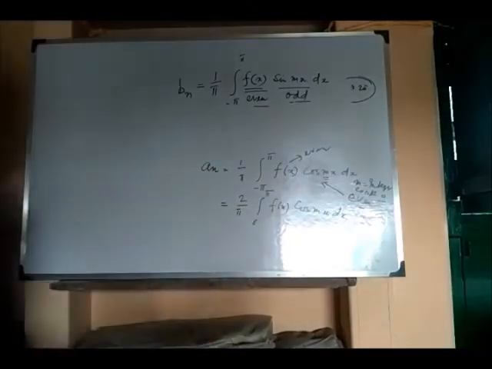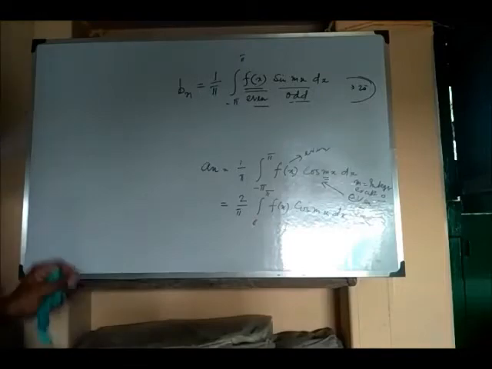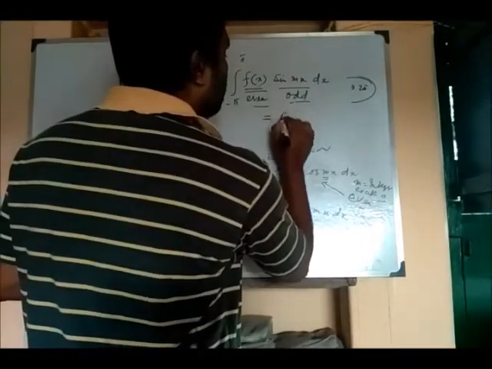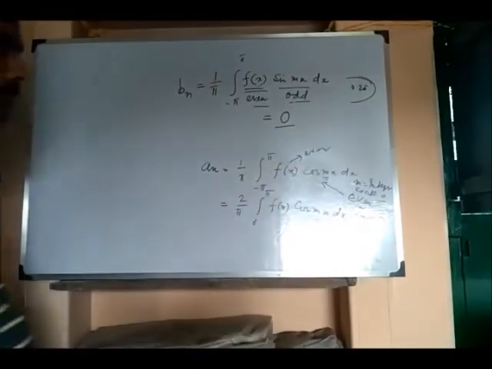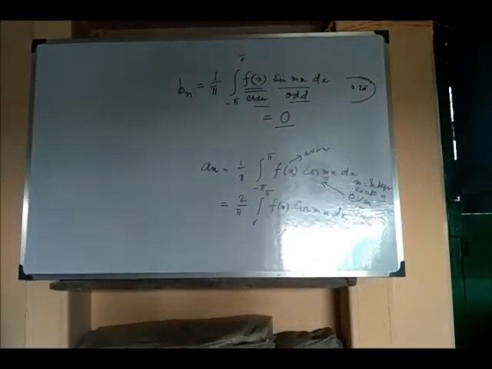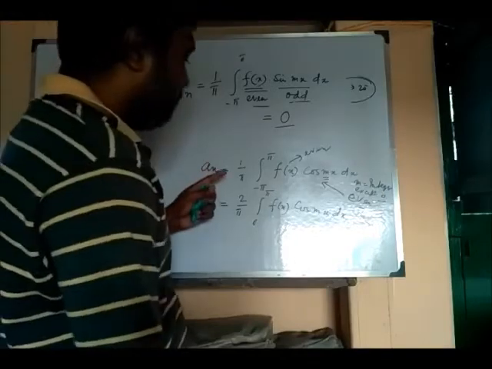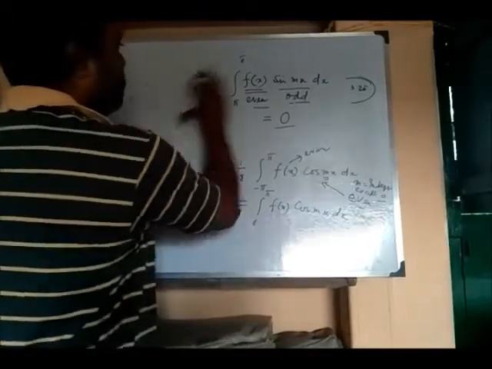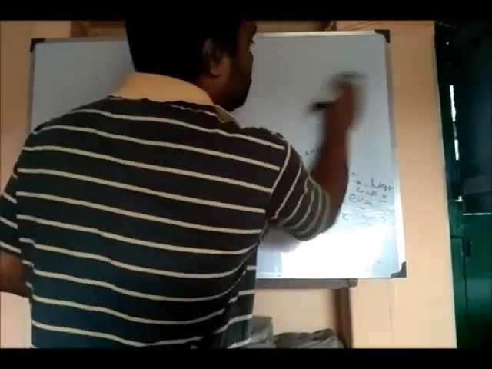So if you combine this odd and even function within this range, definitely the value of this term will be 0. Okay, so for an even function f(x), what will you get?